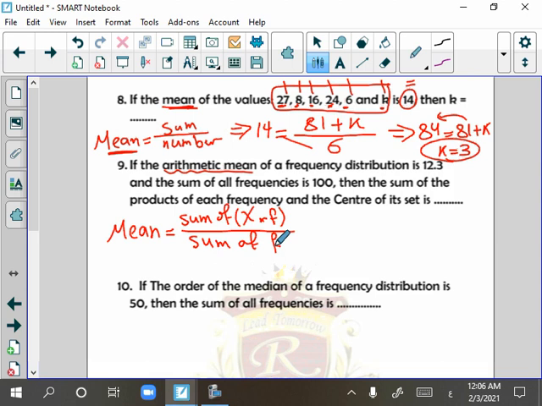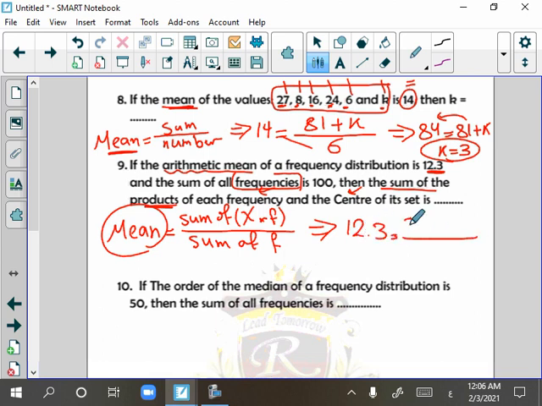So, the numerator, the sum of x times f, is the sum of the product of frequency and center. And the denominator is the sum of all frequencies. Okay, we will substitute the mean with 12.3, which equals the sum of x times f divided by 100.